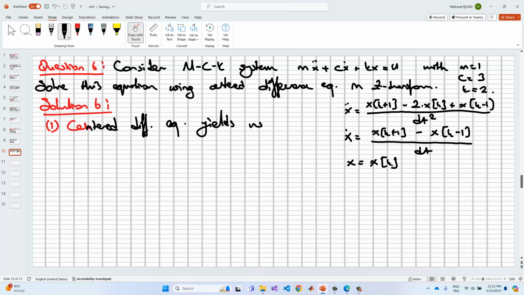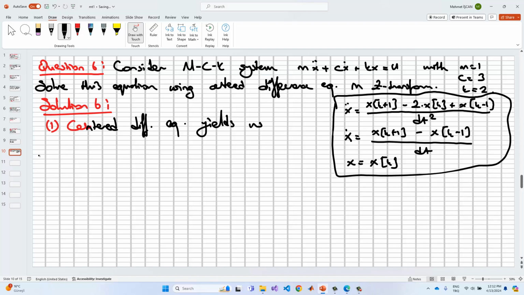Just remember that these operations are the most important part to convert your continuous system into the discrete one. If we write this term as k minus 1, then we cannot easily solve these equations. So x dot dot should be replaced with this term, x dot with this term, x with these terms.